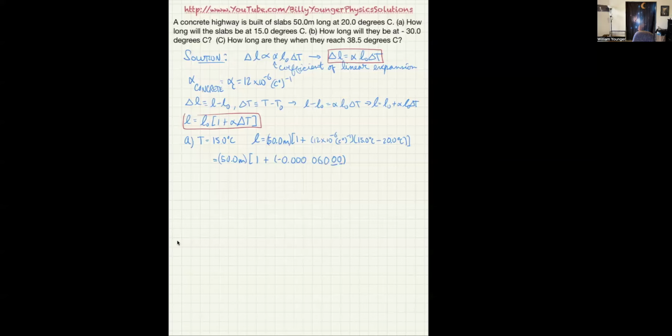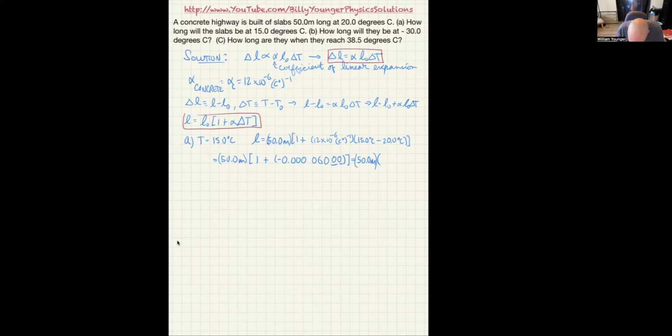And of course, notice that Celsius degrees to the negative 1 times the difference in temperatures gives us a unit that is non-existent. So it's basically no unit at all. So this becomes 50.0 meters times, now we're going to do the actual subtraction. Now, we understand, for instance, that the 1 is actually 1 to an infinite number of decimal places.